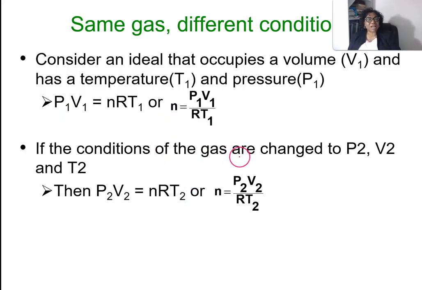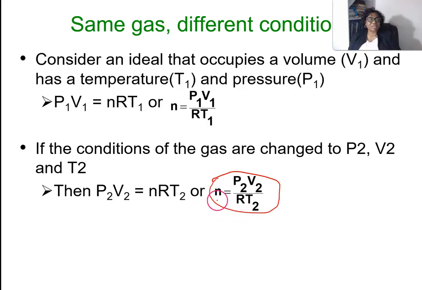If the conditions of the gas are changed to P2, V2 and T2, then P2 times V2 will equal nRT2, or n will equal P2 times V2 over RT2.